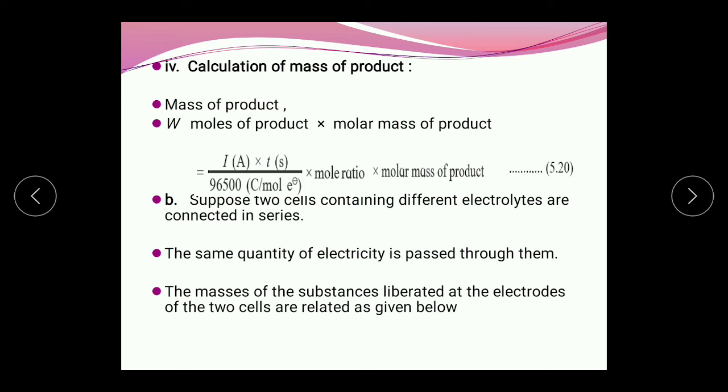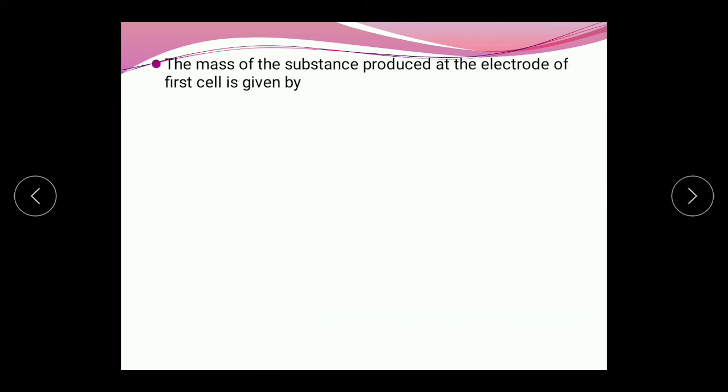The masses of the substances liberated at the electrodes of the two cells are related as given below.